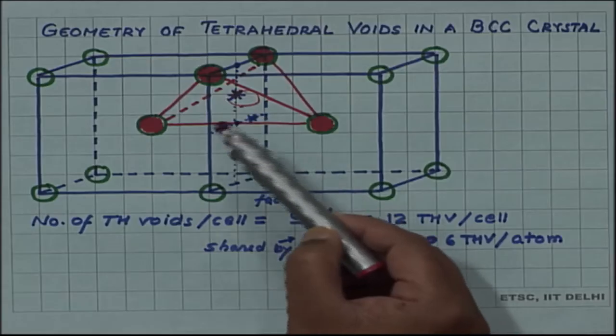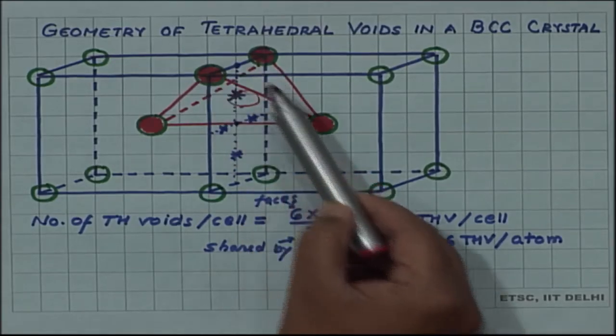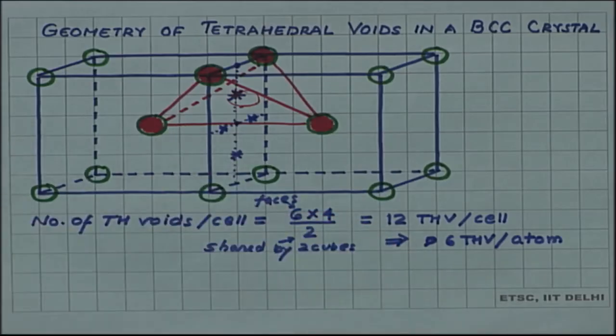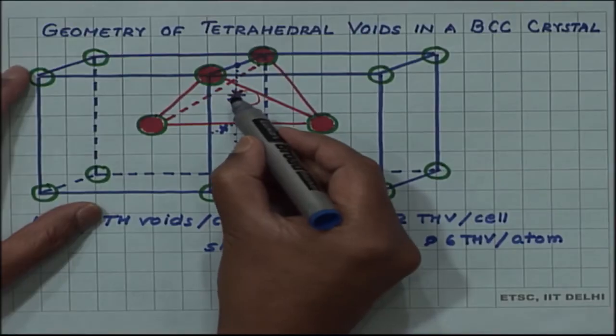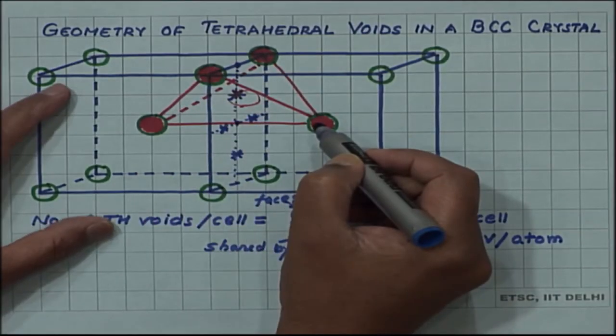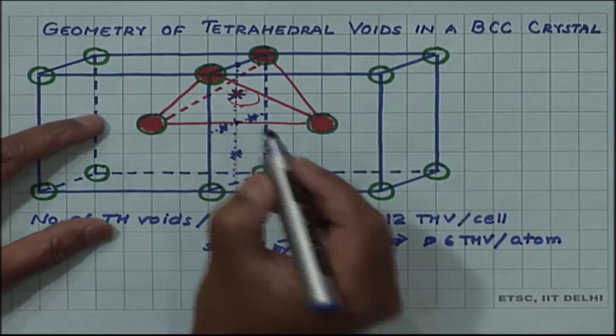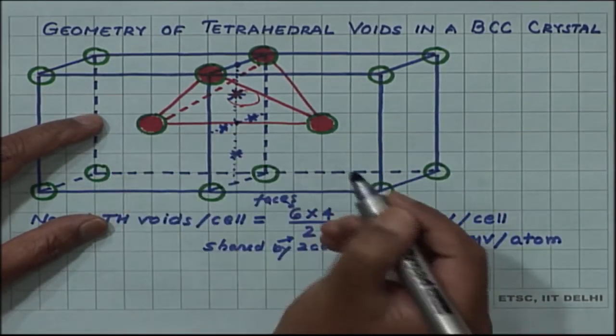Now, obviously, that largest atom will be one which touches the corner atoms. Despite the irregularity, this centroid is located at equal distance to all the 4 corners. So, you can take its distance from any of the corners. So, let me take its distance from this body center.